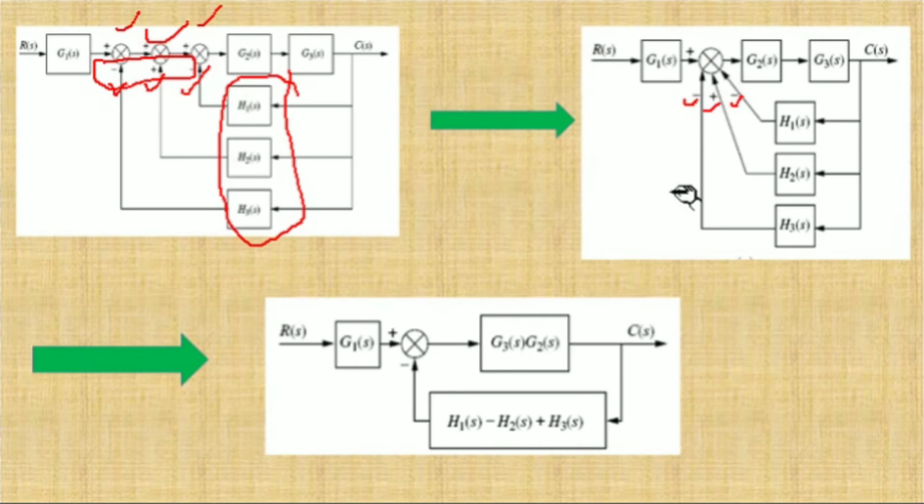The next thing we can do, see here, these two gains are in series. What is the rule for series? We have to multiply the gain values with respect to each other and write them in a single block. So if I consider these two gains, G3(s) into G2(s) we can write in a single block, and the feedback terms we simply add, because the comparator is provided over here and we just apply the signs for the respective feedback.